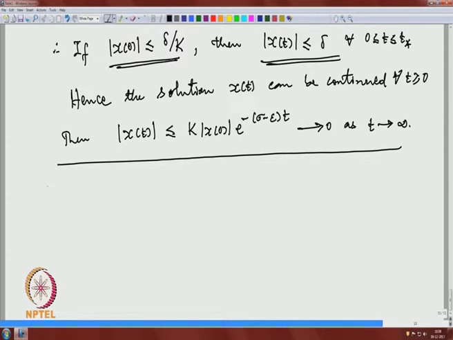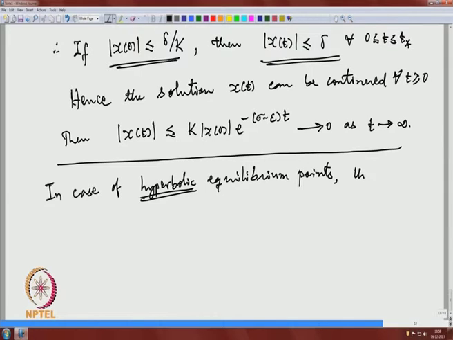So, in case of hyperbolic equilibrium points, this is important: linear stability analysis implies nonlinear stability.